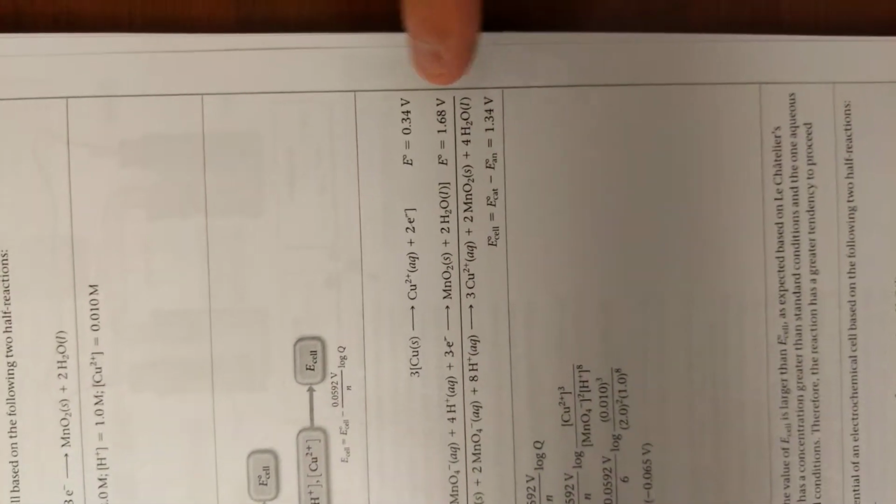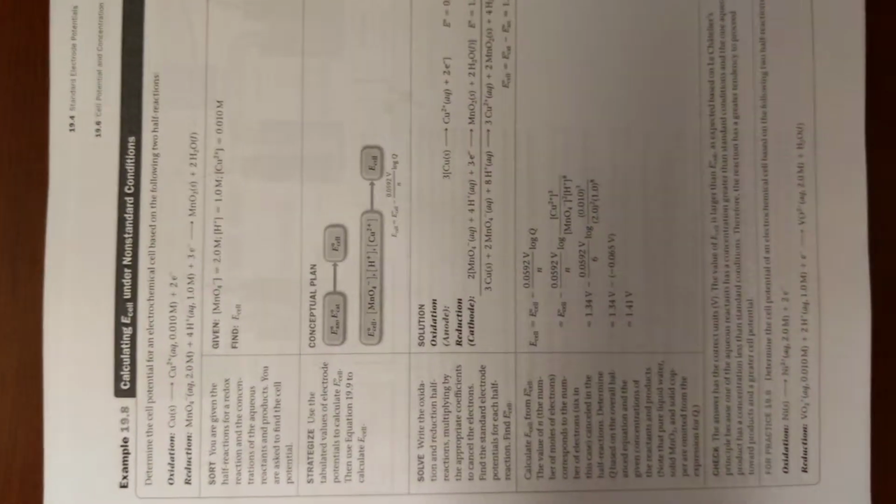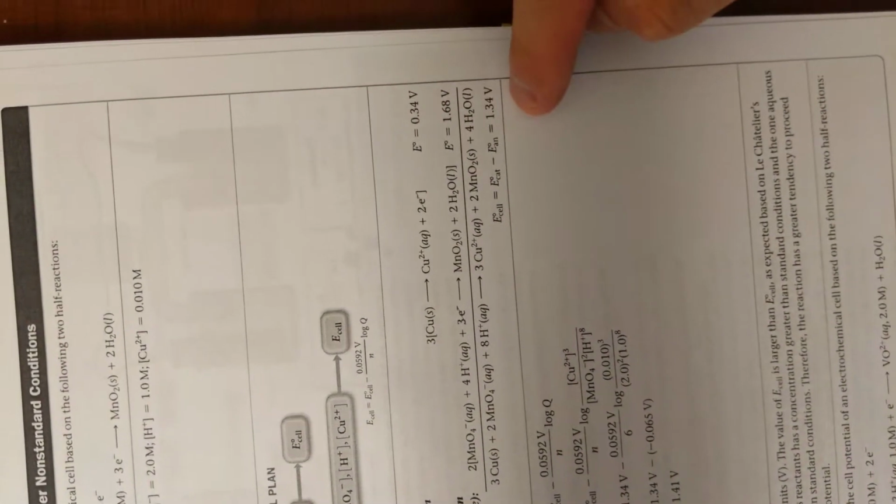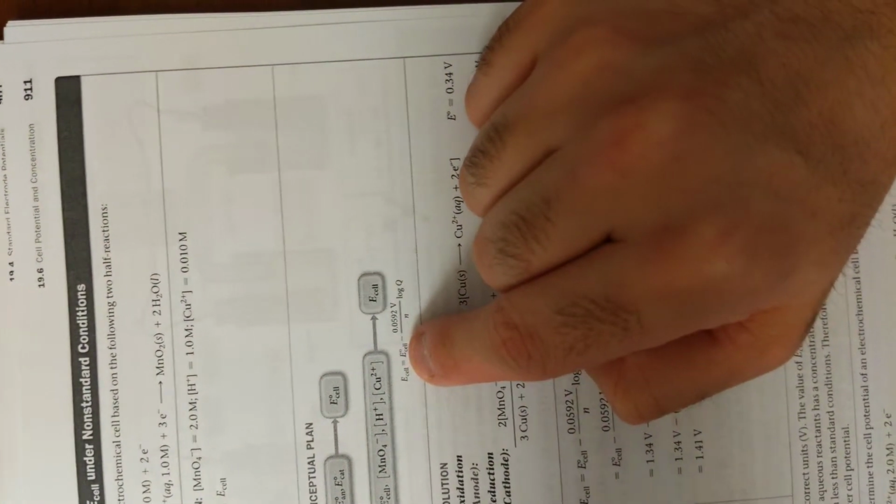And E of the permanganate is 1.68. If I want to do E reduction minus E oxidation, or E at the cathode minus E at the anode, I'm going to do 1.68, because this is the reduction half reaction, minus 0.34, and I get 1.34. And that's going to be my Ecell standard that I'm plugging into the equation.